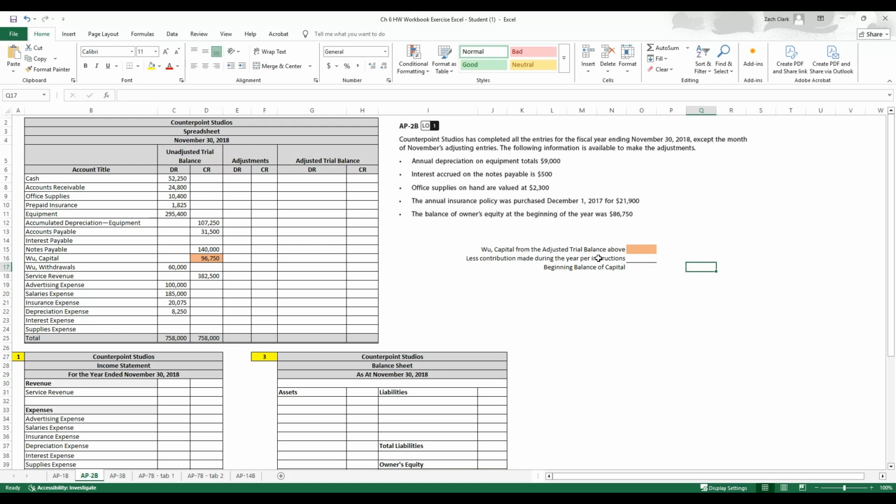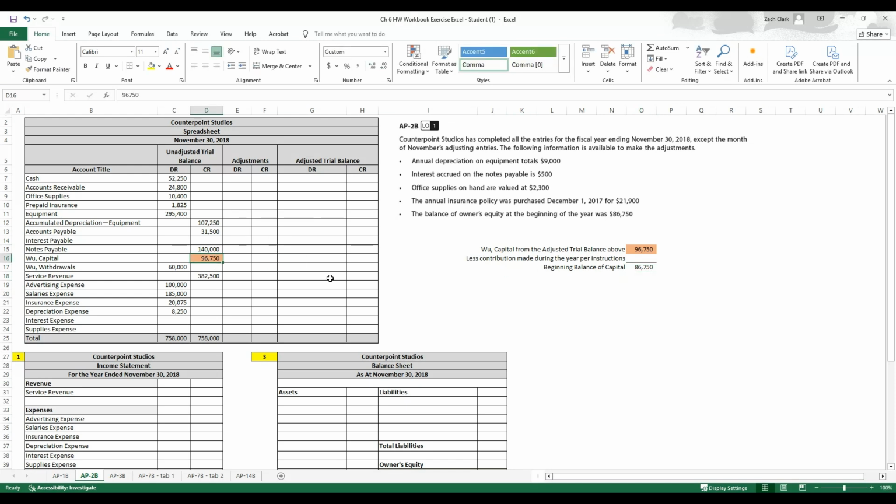But I do want to start here with capital, because again, it has us kind of work backwards into understanding what the contributions were during the year. And what it tells us here is that the balance of owner's equity at the beginning of the year was $86,750.